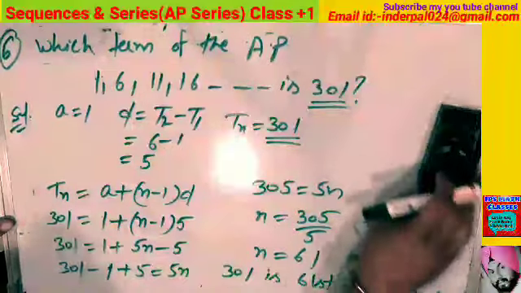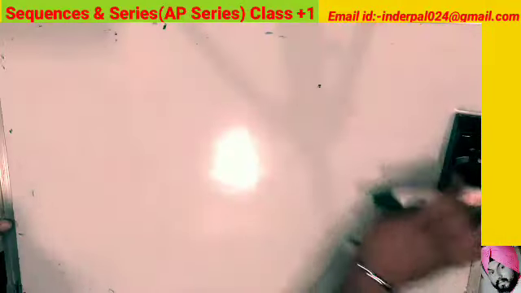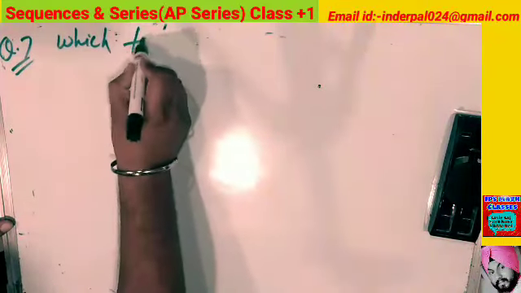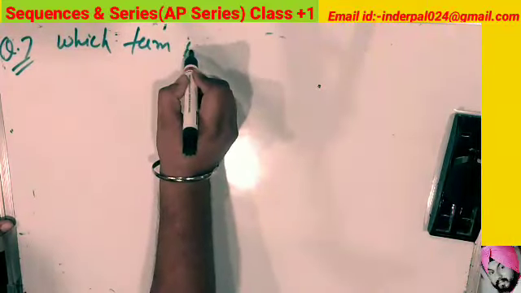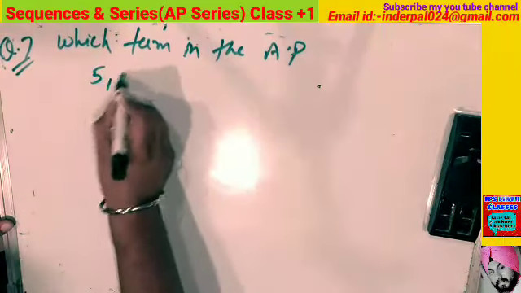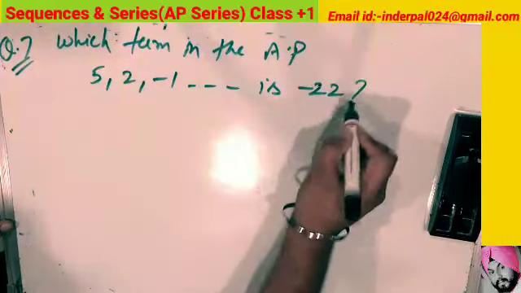Similarly, question number 7. Which term in the AP 5, 2, minus 1 is minus 22?